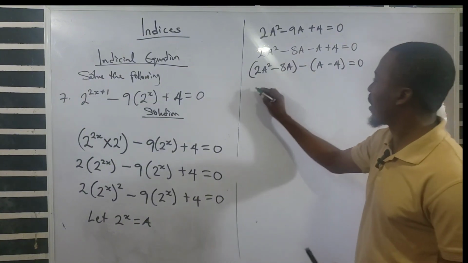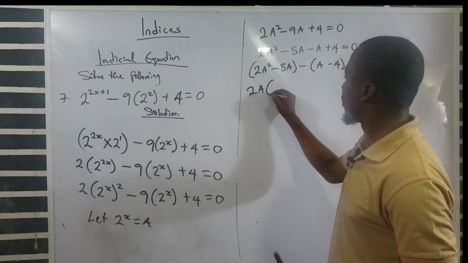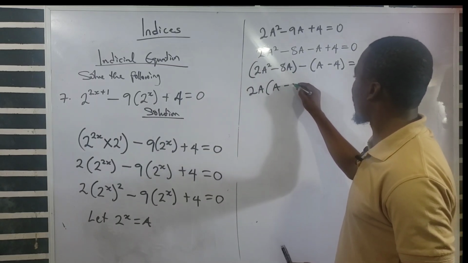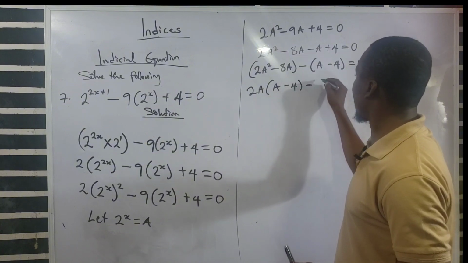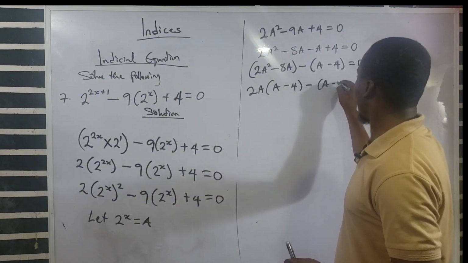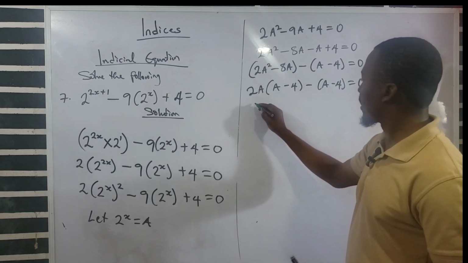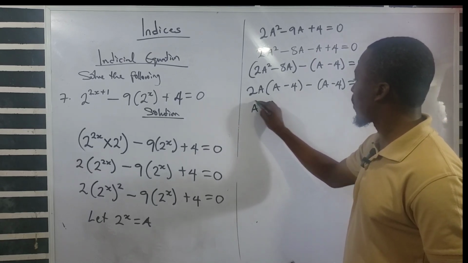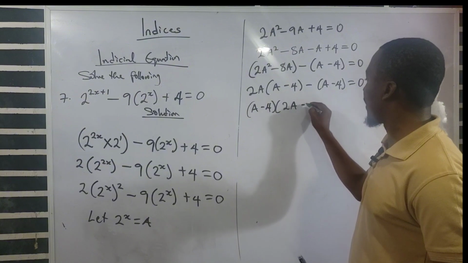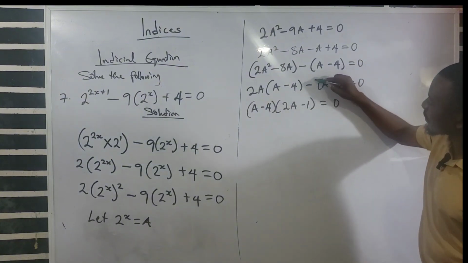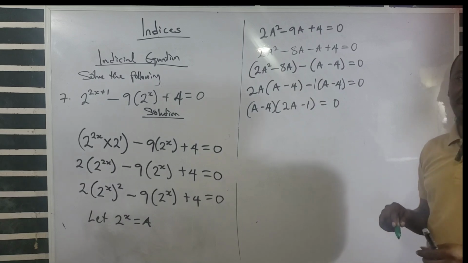Okay. So that will give us 2a squared minus 8a minus a minus 4 equal to 0. So what is common here? 2a is common. So you have 2a times (a minus 4) minus 1 times (a minus 4) equal to 0. So that will give you a minus 4 into 2a minus 1 equal to 0. Where do we get this one from? There's a 1 here, which we don't normally write.